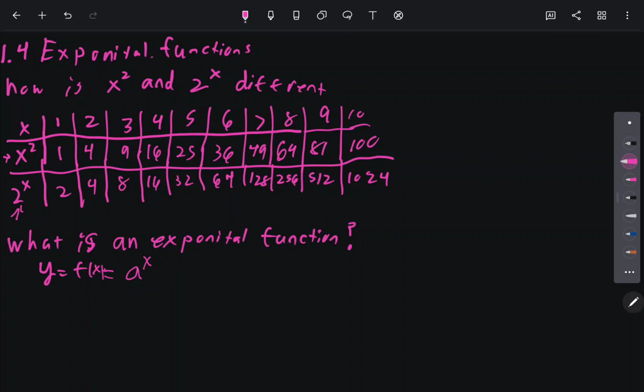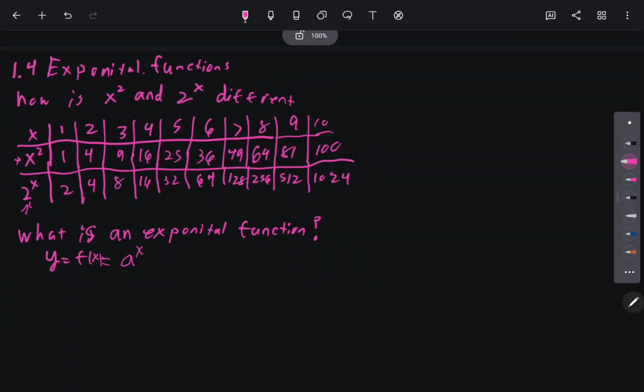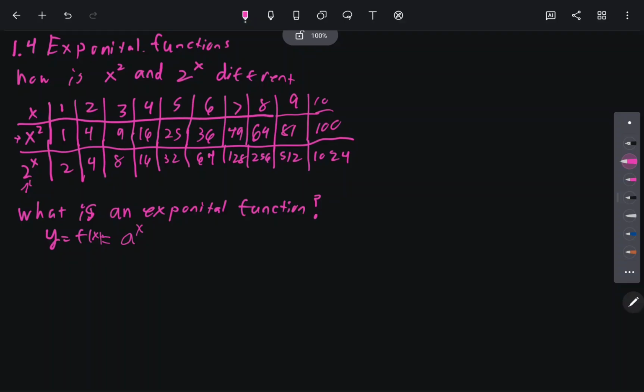And of course, we can also apply any manner of stretches or shifts or reflections with our already existing rules. For example, if we want, we can do y is equal to 5 times b to the negative x, plus 3, to shift the graph up 3 units and also reflect it about the y-axis.